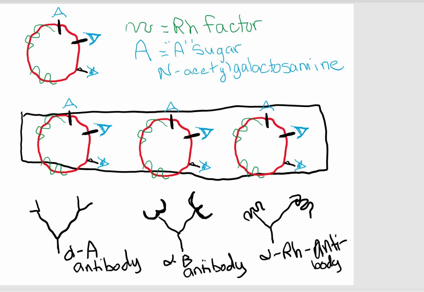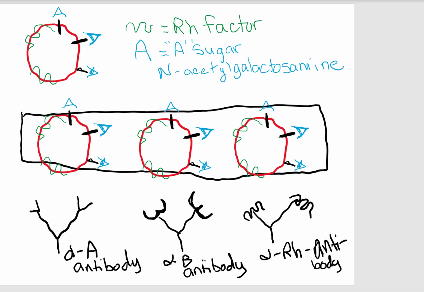The proper name of this sugar is N-acetylgalactosamine. The green squiggly line that you are seeing woven through the red blood cell is representing a different antigen, a protein, not a sugar.